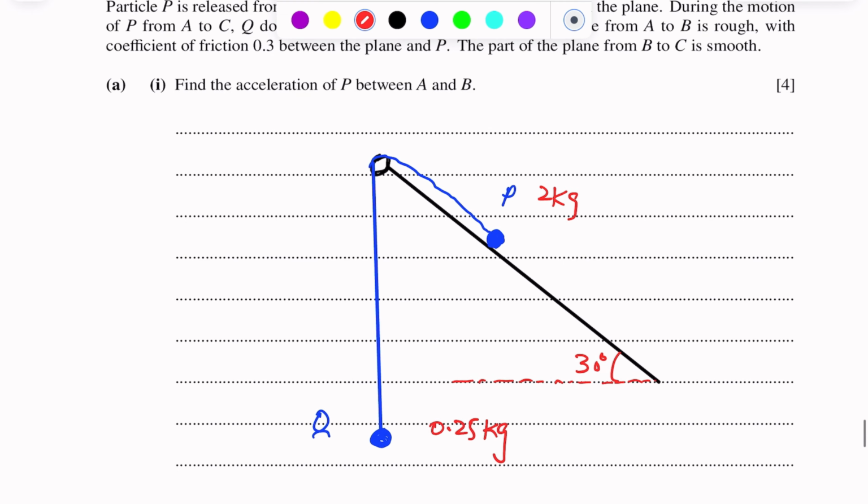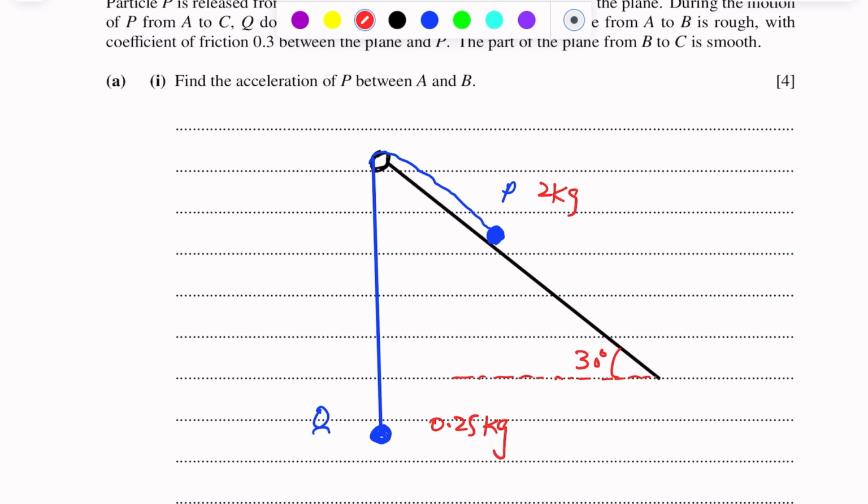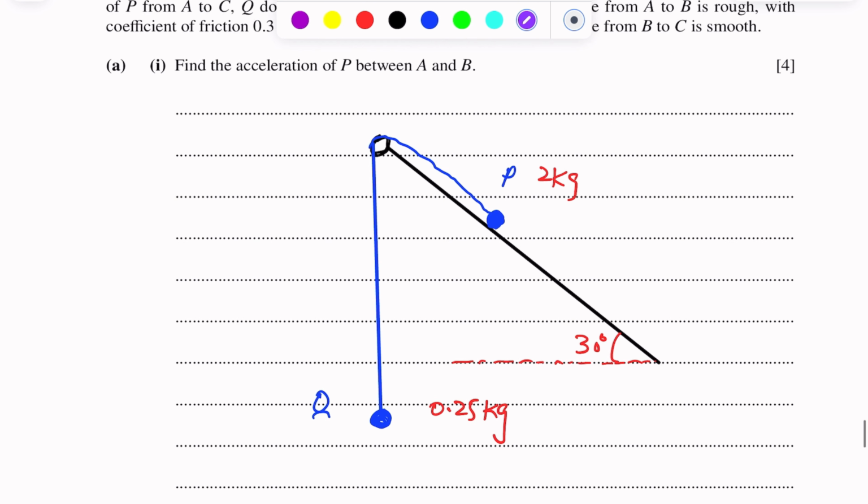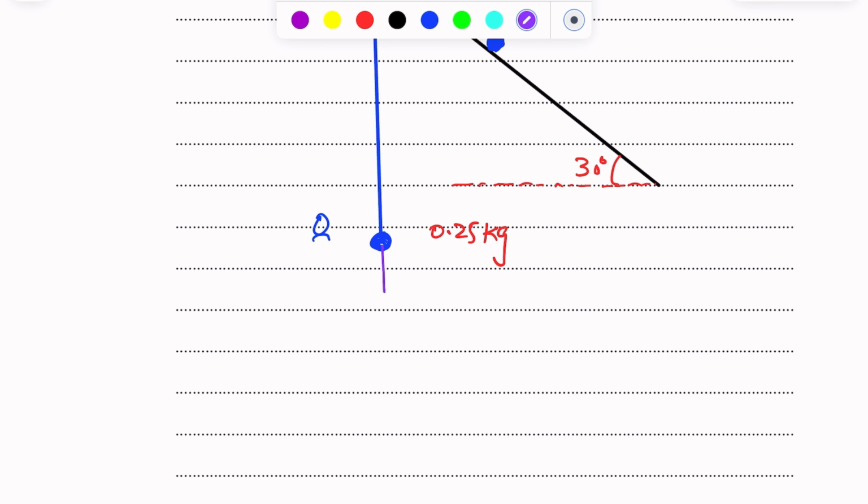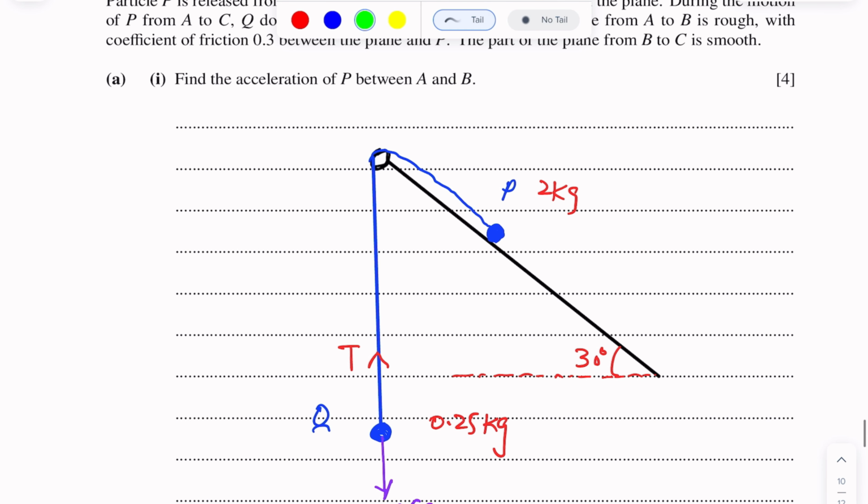And now first we will represent all the possible forces acting on this system, on these two particles P and Q. The weight of Q acts vertically downward, that is 0.25 g, and the tension T acts upward towards the pulley.